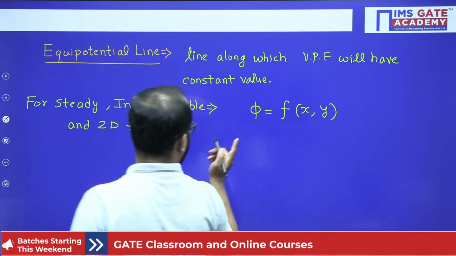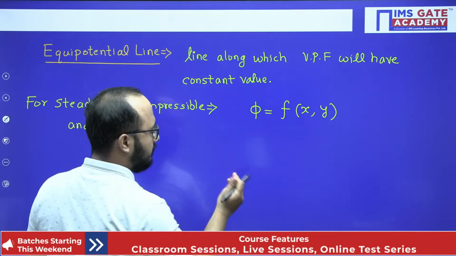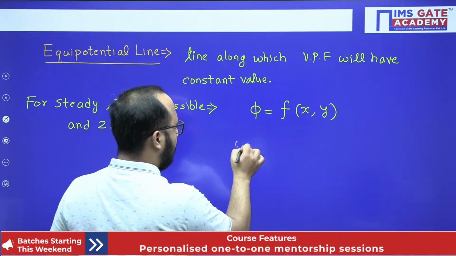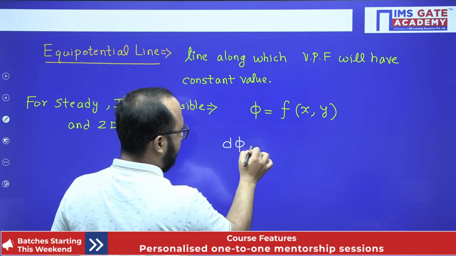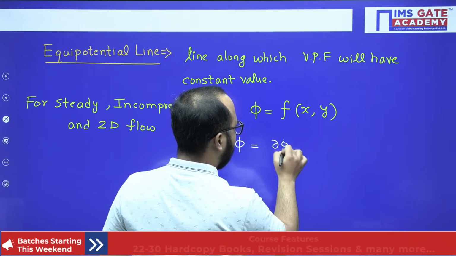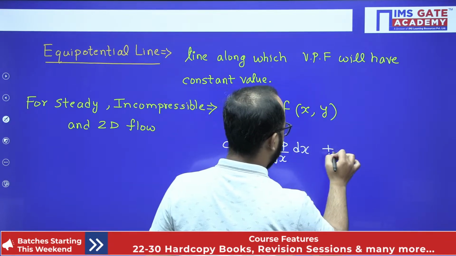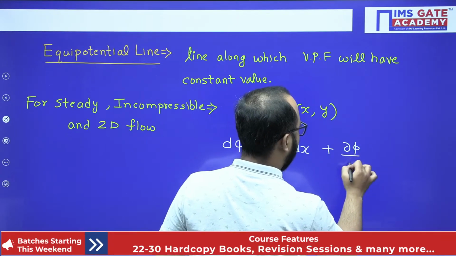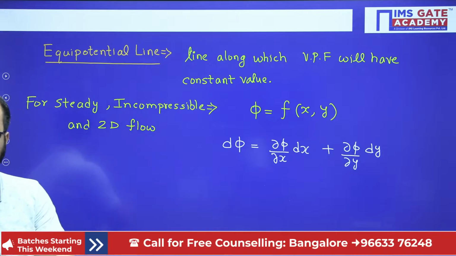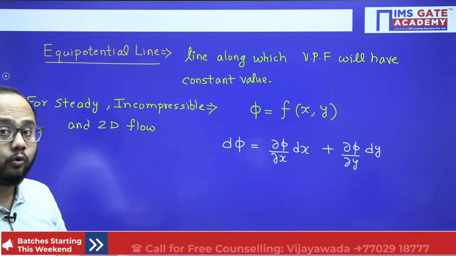Now, very important point, the equipotential line we need to calculate. The line along which the value of VPF will be constant. So first of all, I will take the derivative of this particular VPF. What will I get? dφ = ∂φ/∂x dx + ∂φ/∂y dy, as it is a function of x and y. Very simple point. Now ∂φ/∂x value is what? Minus u. Remember the point.